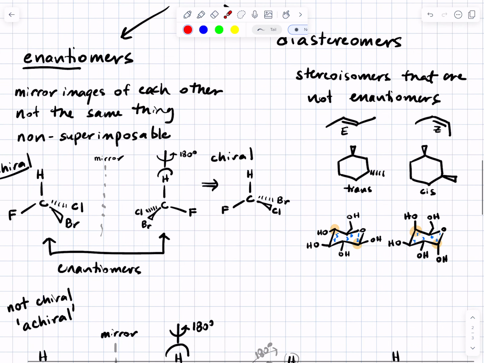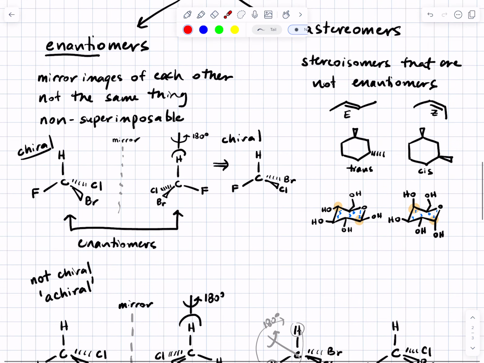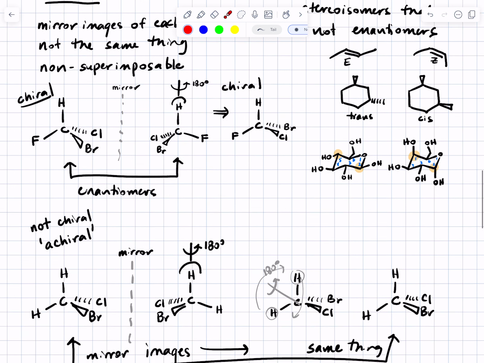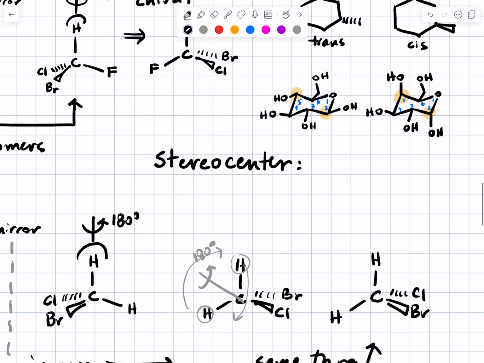Good. So let me give you a tool for helping navigate whether things are enantiomers versus diastereomers. And that tool is the concept of the stereocenter. The stereocenter is short for the word stereogenic center. If you tell an organic chemist stereogenic center, they're going to think you're trying too hard, so just go with stereocenter.